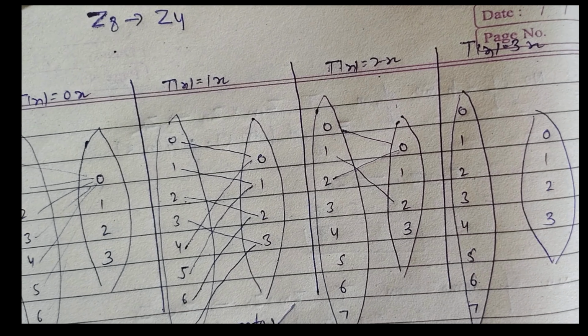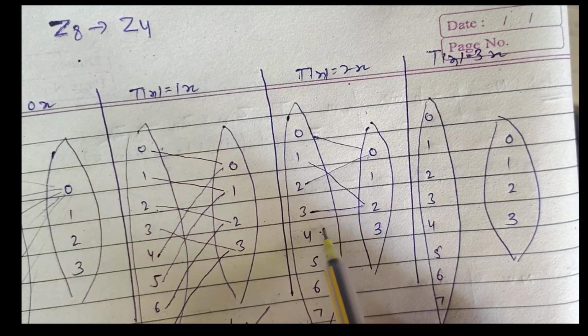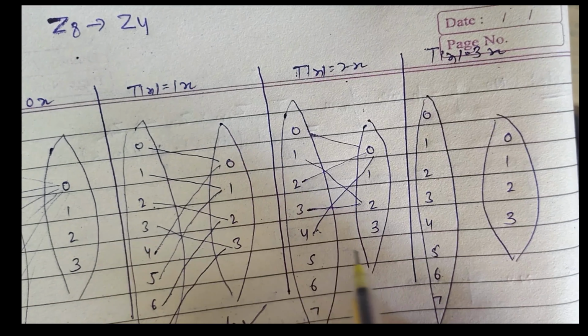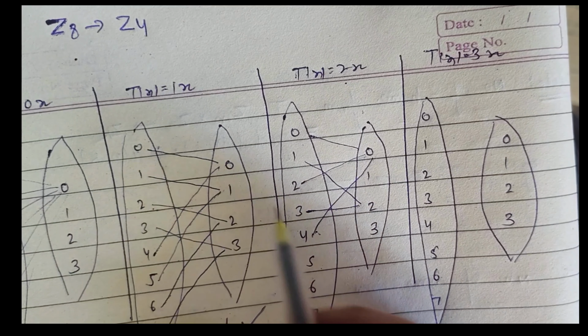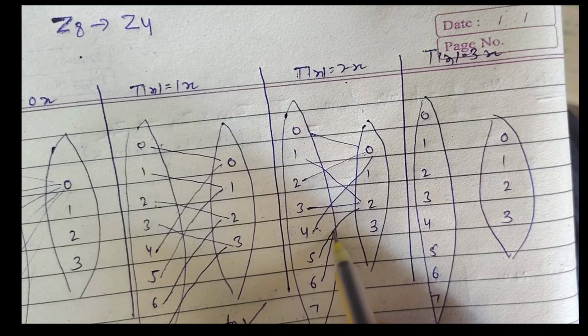So 0 is again 0, 1 is mapped to 2, 2 twos are 4, and 4 in Z4 is 0, so 2 is mapped to 0. 3 twos are 6, and 6 in Z4 is 2. 4 twos are 8, and 8 in Z4 equals 0. 5 twos are 10, 10 in Z4 is 2. 6 twos are 12, and 12 in Z4 is 0.